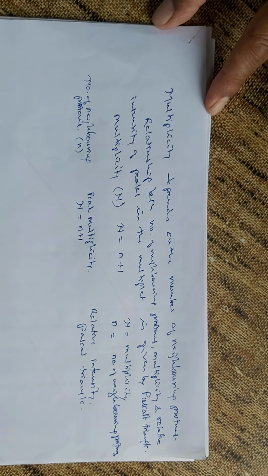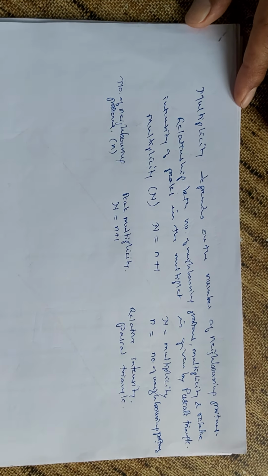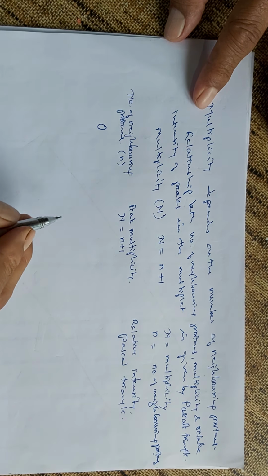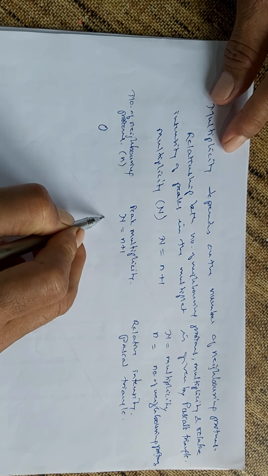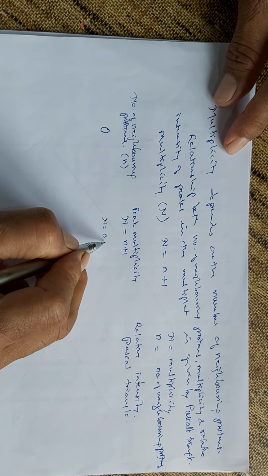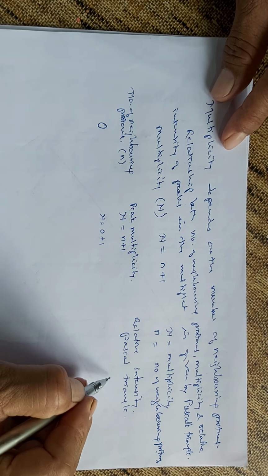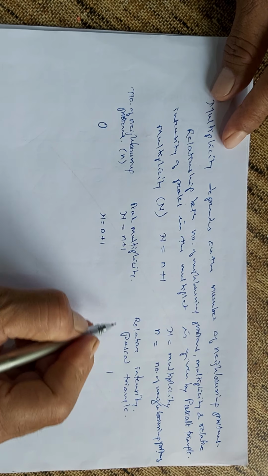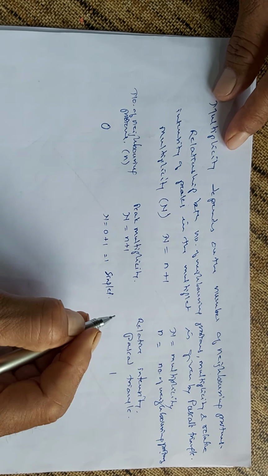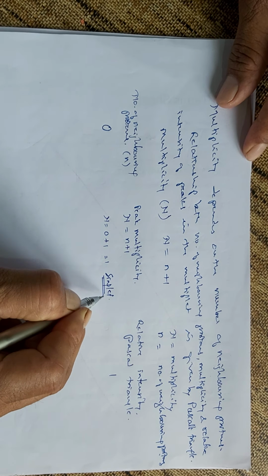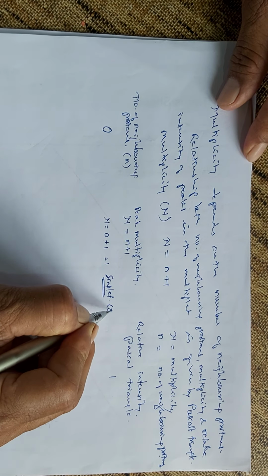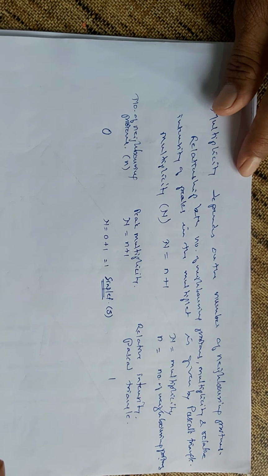So how can it be correlated with each other? If the number of neighboring protons is 0, then capital N is equal to 0 plus 1 is equal to 1. When it is equal to 1, it is nothing but a singlet, meaning one signal will be obtained, and it is designated by small s.